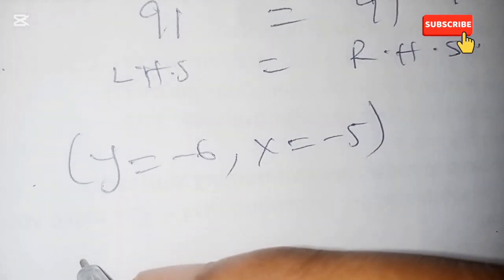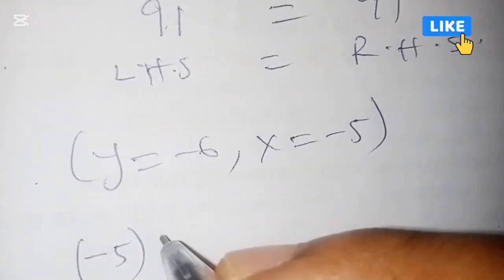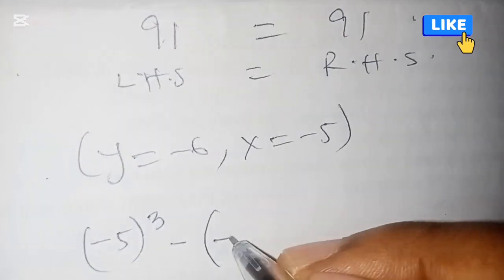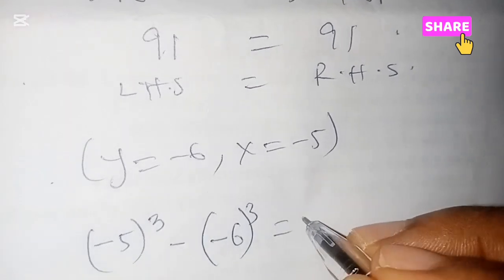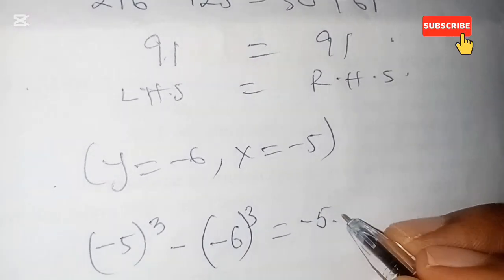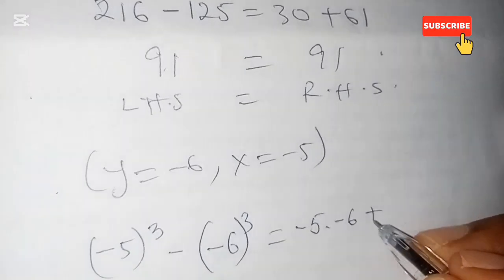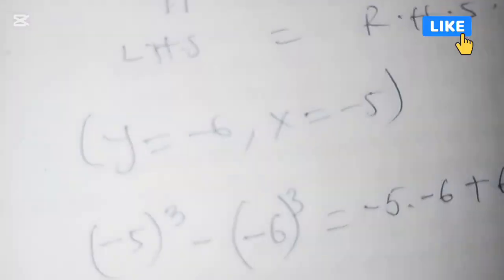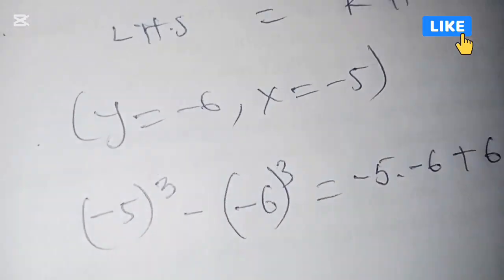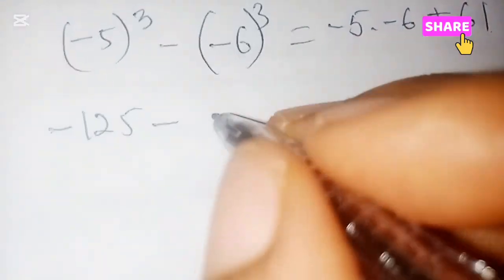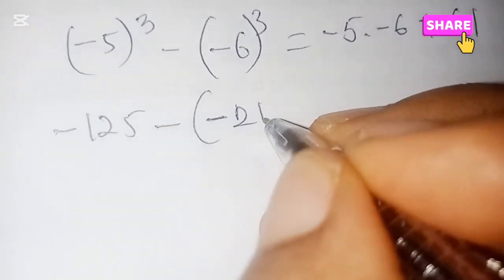In the same equation, we have minus 5 cubed minus minus 6 cubed equal to minus 5 dot minus 6 plus 61. So this will give us minus 125 minus minus 216.